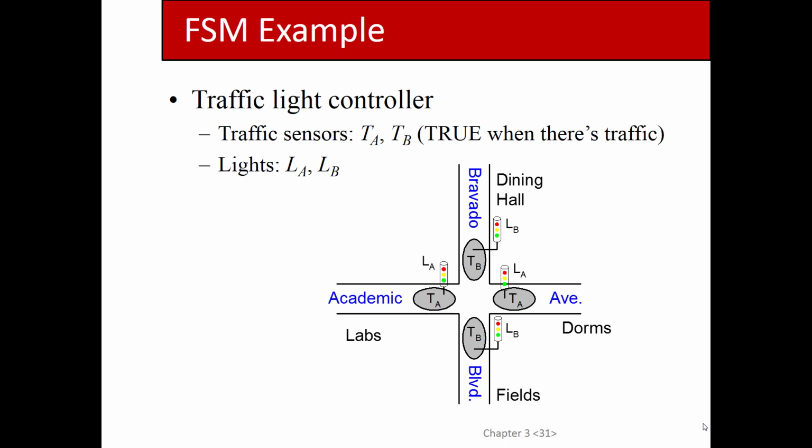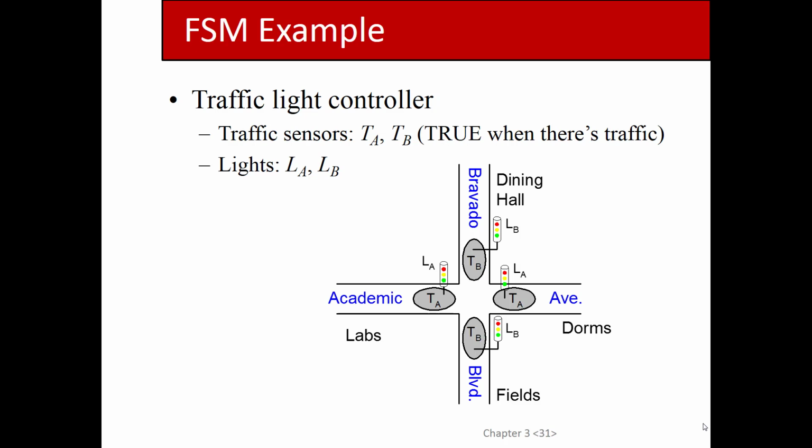All right, so the way this thing works is that obviously only one of the lights can be green at a time. And the controller will not change the state of either light until it detects that there's no traffic on that street anymore. So, for example, if the traffic light A is green, B will be red, and as long as there's traffic flowing on this east-west road, it's going to stay in that state until there's no more traffic.